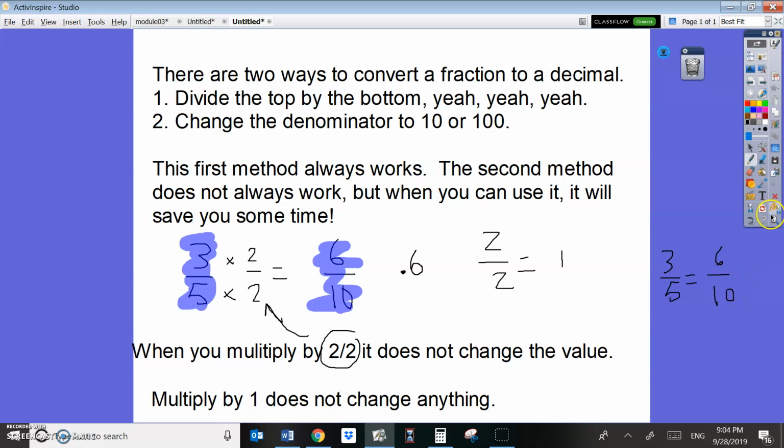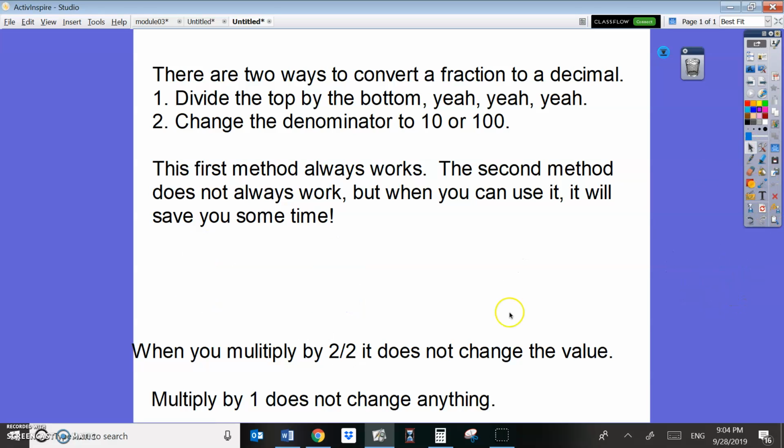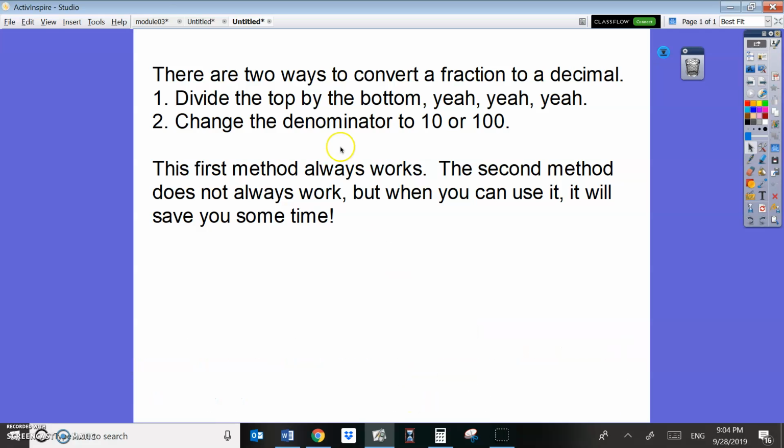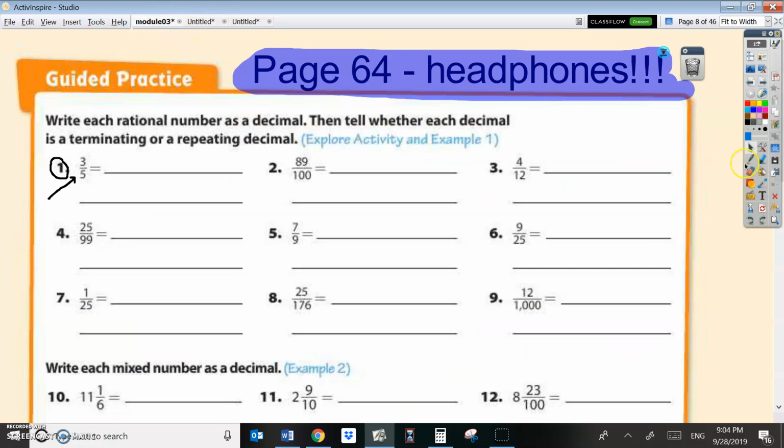Okay. So this one here is 6/10. And it's terminating. T for terminating.